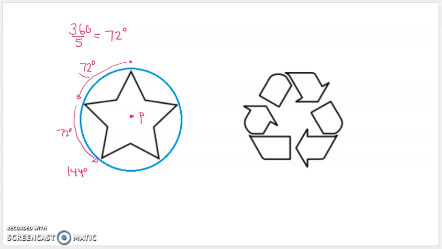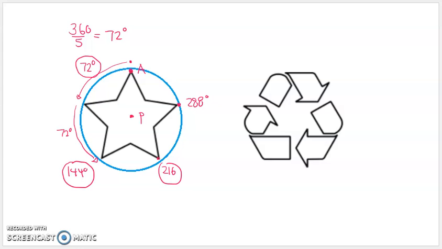So this star has 72-degree rotational symmetry, 144-degree rotational symmetry. Another 72 takes you to 216, which would rotate this point right here, point A, down to this point. Another 72 degrees is, what is that going to be, 288 degrees rotational symmetry.